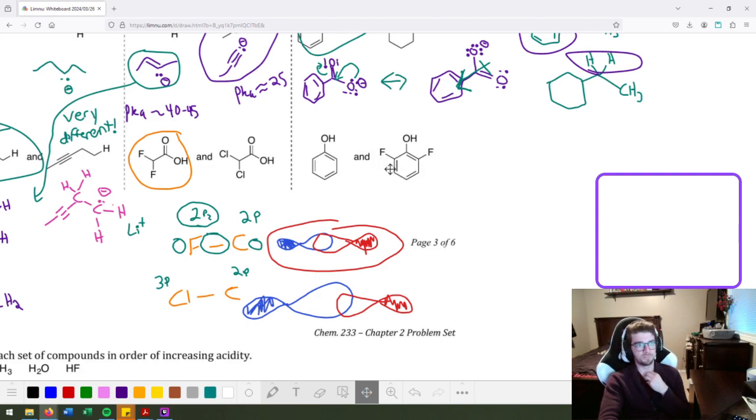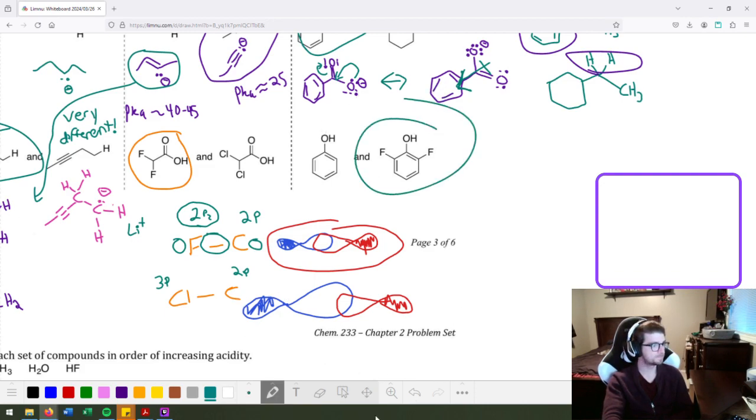But the difference is that the 2,6-difluorophenol is going to additionally have the inductive withdrawing effect of the fluorines, particularly because it's these ortho carbons that will carry some of that negative charge in the resonance structures. So it's going to be very effective delocalization of that negative charge through resonance and also through the inductive effect. So this is going to be our stronger acid.